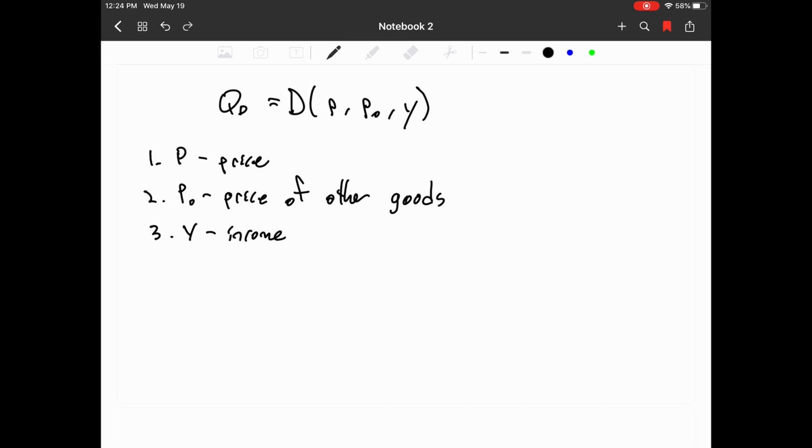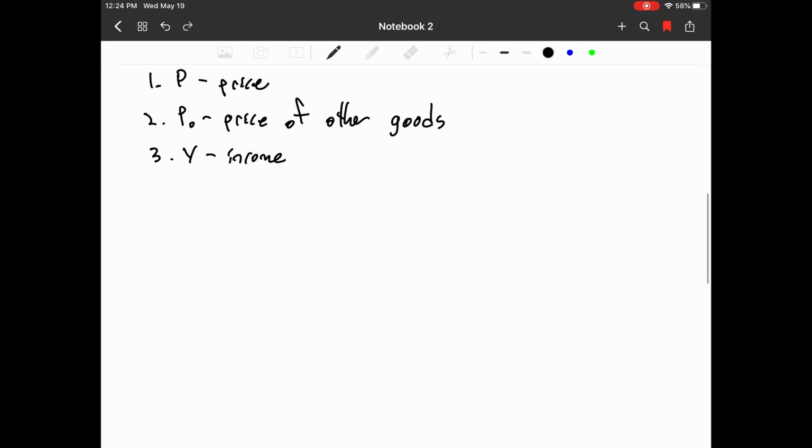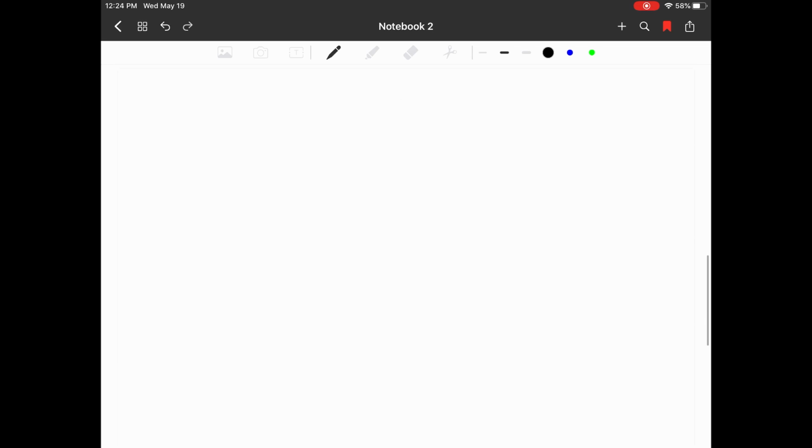Okay. So let's walk through a relatively simple linear demand function for, let's just use cheese as an example. So we're going to call this the linear cheese demand function.